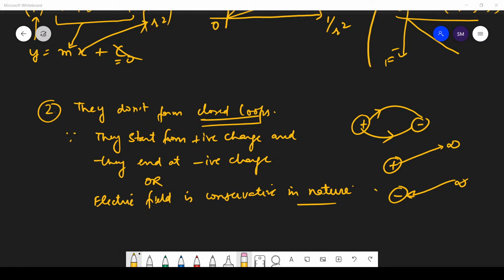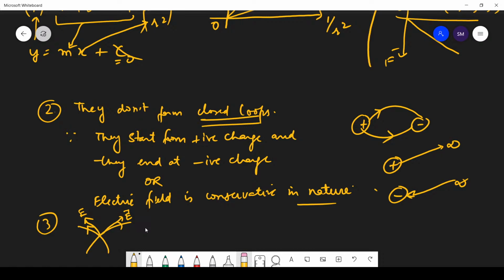Next question that is very frequently asked is: why do electric field lines never cross each other? Because at the point of intersection, there will be two directions for the electric field, and that is not acceptable. If these two field lines cross, for this field line this will be the direction of the electric field, tangent to it, and if you draw a tangent on this field line, this will be the direction.